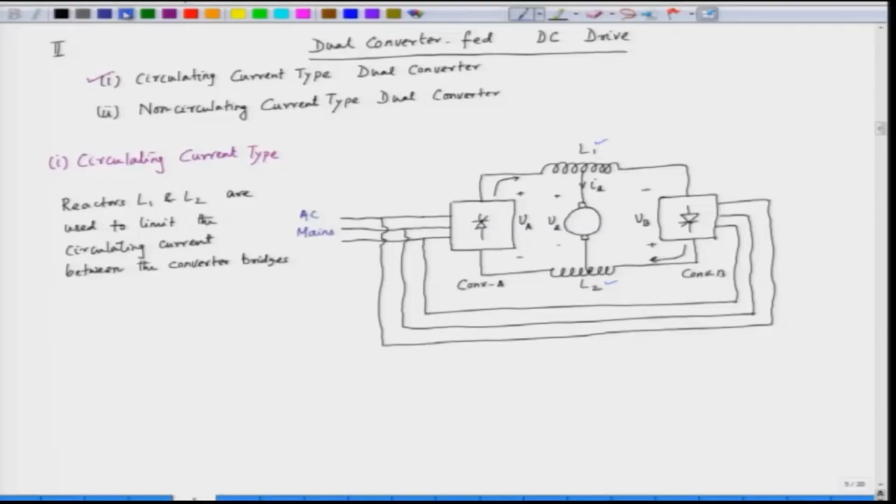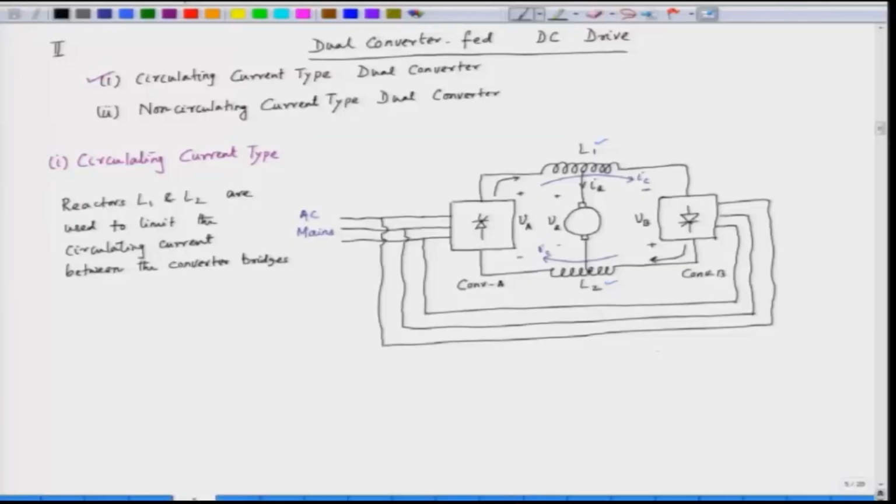To minimize it, we use the intergroup or interbridge reactors L1 and L2. Now, let us see in how many quadrants this can operate. If we do the VI plot, with voltage on the y axis and current on the x axis, the plot will look like this.